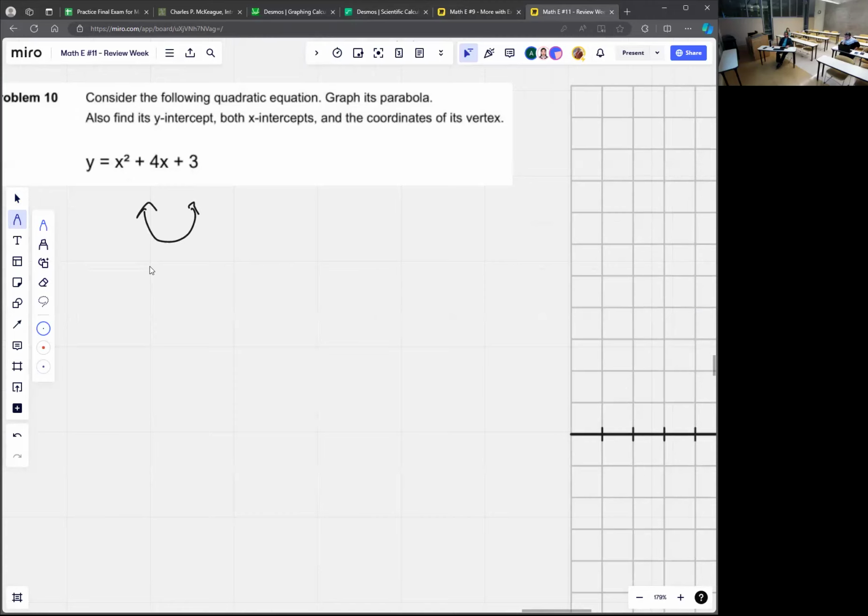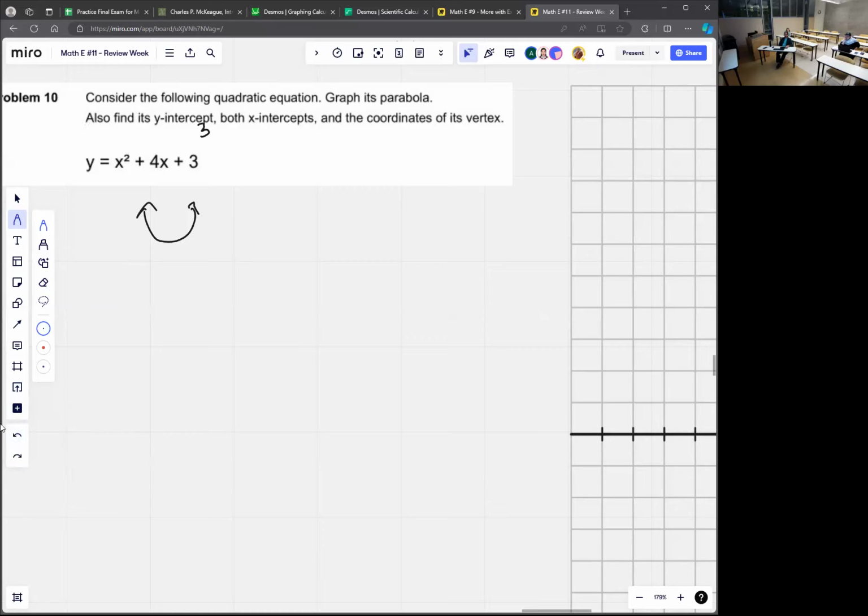It's going to have a y-intercept. If I plug in x is 0, I get 3, so that's just a 3. For x-intercepts, I plug 0 in for y. And that looks familiar. 0 is a bunch of stuff. I have to factor it and find when those x's equal 0.